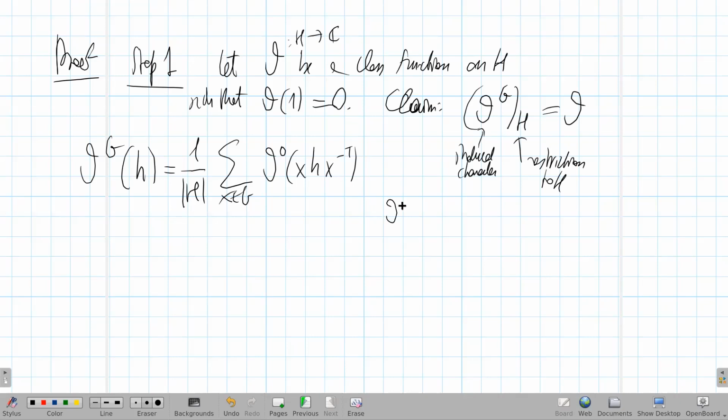Theta naught of g is theta of g if g is in H, and is 0 if g is not in H.